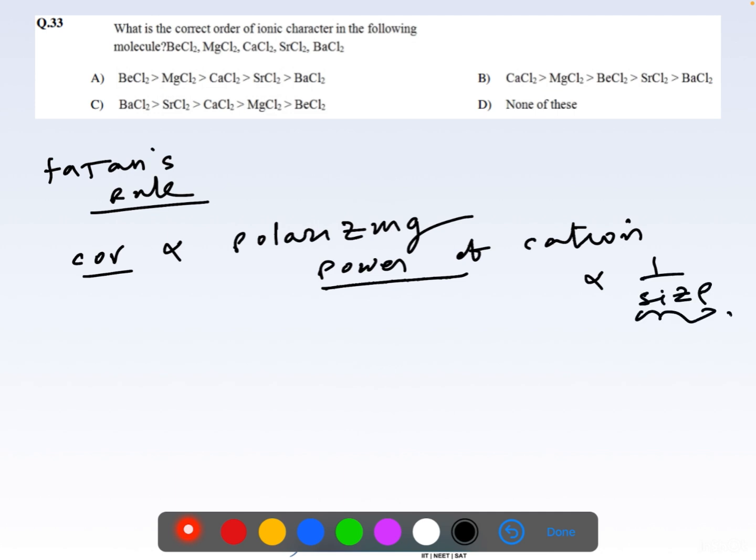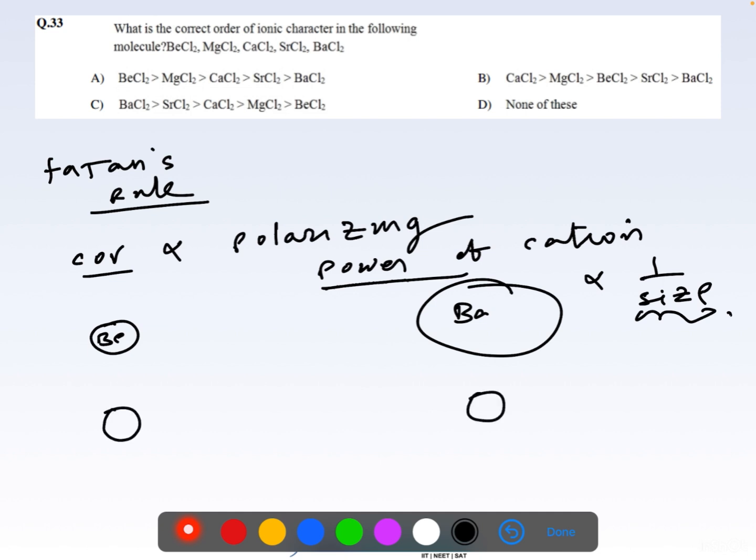Here we have beryllium, which is smaller in size, and barium, which is larger in size. When Cl- approaches both these ions, due to the strong polarizing ability of beryllium, the electron cloud of Cl- is distorted strongly. So this will get more covalent character.